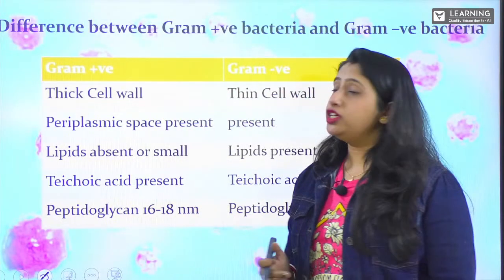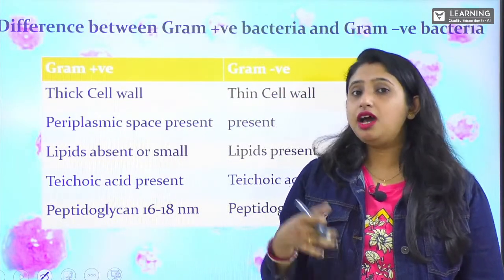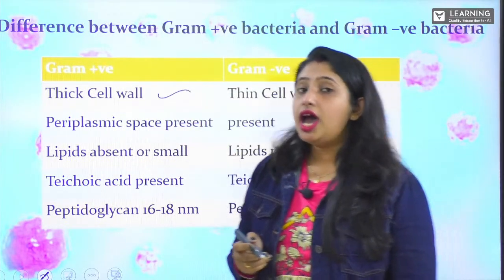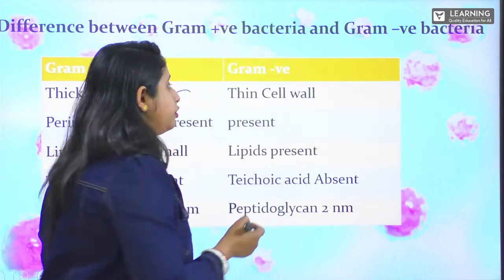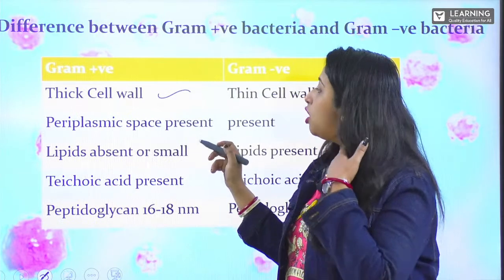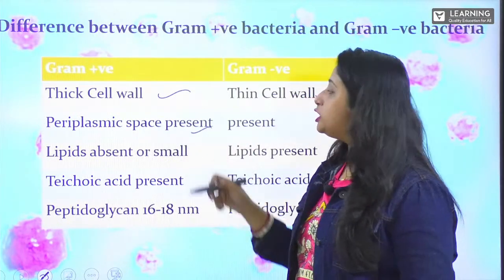So what is the difference between gram-positive bacteria and gram-negative bacteria? As you can see, gram-positive bacteria have a thick cell wall, right? And gram-negative bacteria have a thin cell wall. Then they have a periplasmic space present.